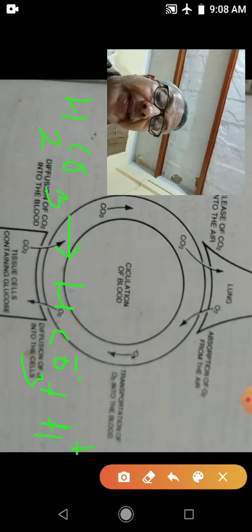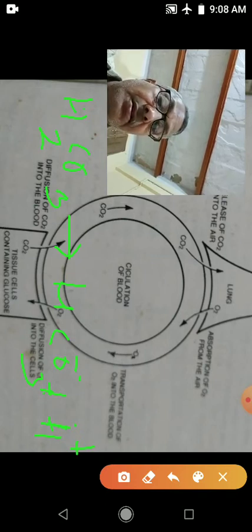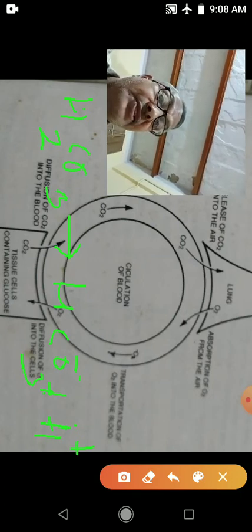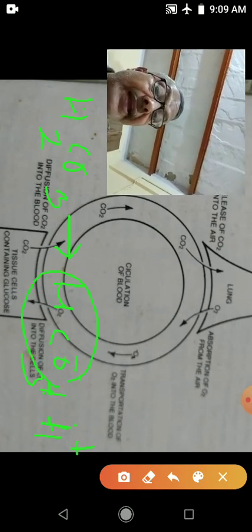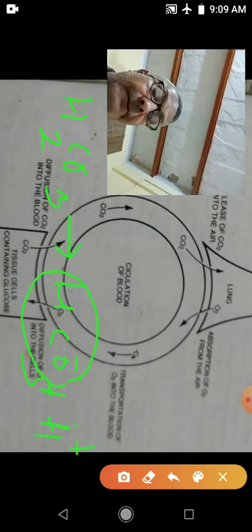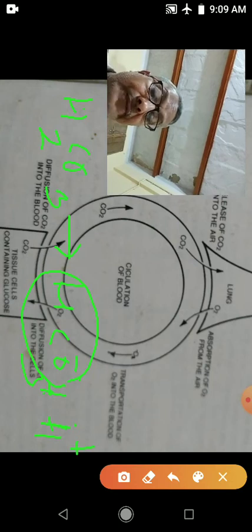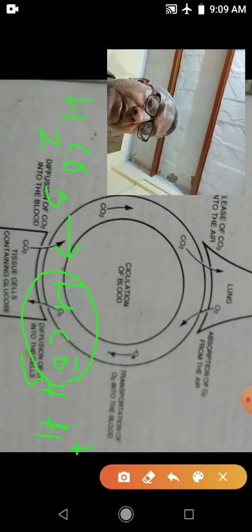This bicarbonate ion immediately combines with potassium salt of hemoglobin, and it forms potassium bicarbonate. So in this form 80 to 85% carbon dioxide combines with sodium and potassium salt and forms sodium bicarbonate and potassium bicarbonate.